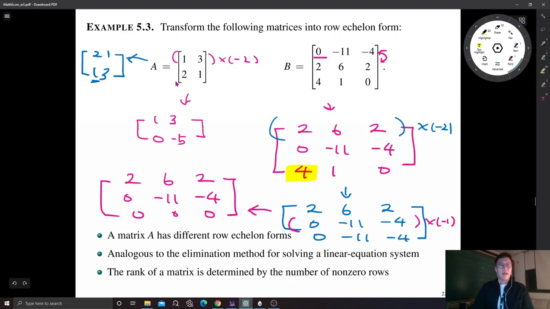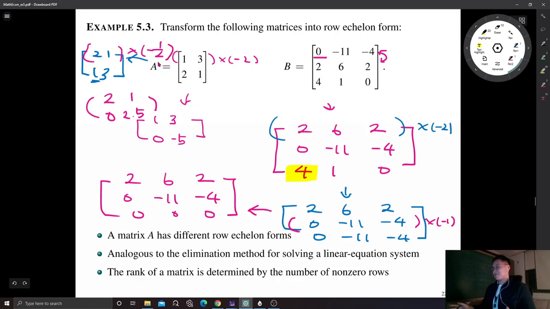We multiply the first row by negative 1/2, making negative 1, and add it to the second row. Then we have 2, 1, and 0, 2.5. This is also echelon form. So one matrix has many different echelon forms depending on which operation you use first.